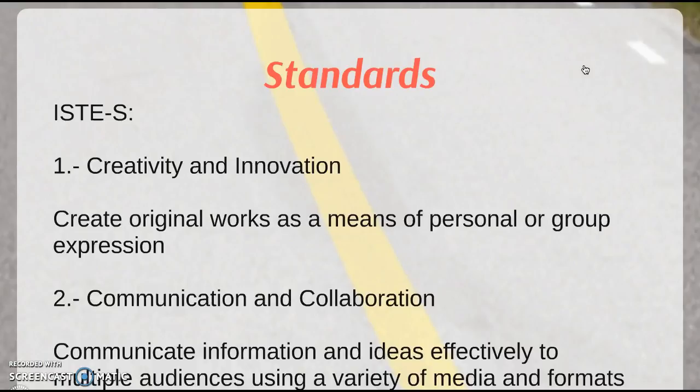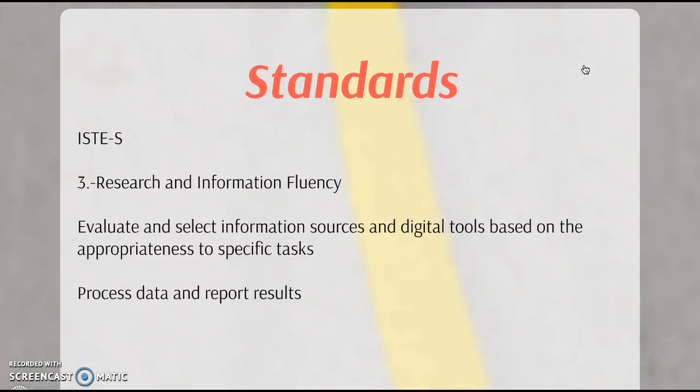The standards relation I made is with the ISTE standards, and the first one is creativity and innovation because it creates original works as a means of personal or group expression. The second one is communication and collaboration, to communicate information and ideas effectively to multiple audiences using a variety of media and formats.